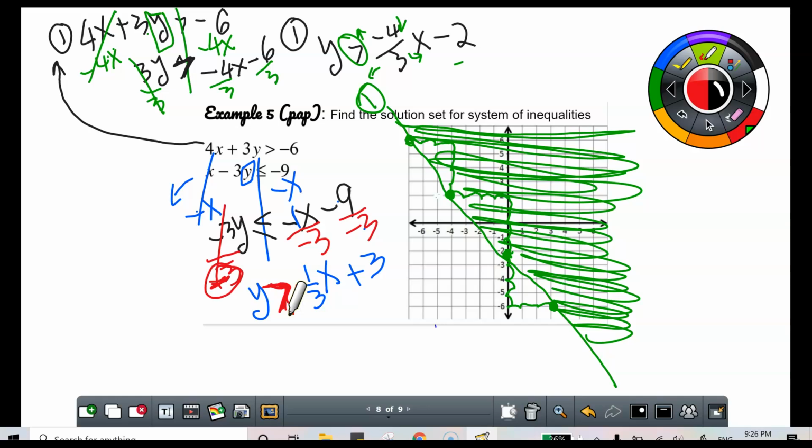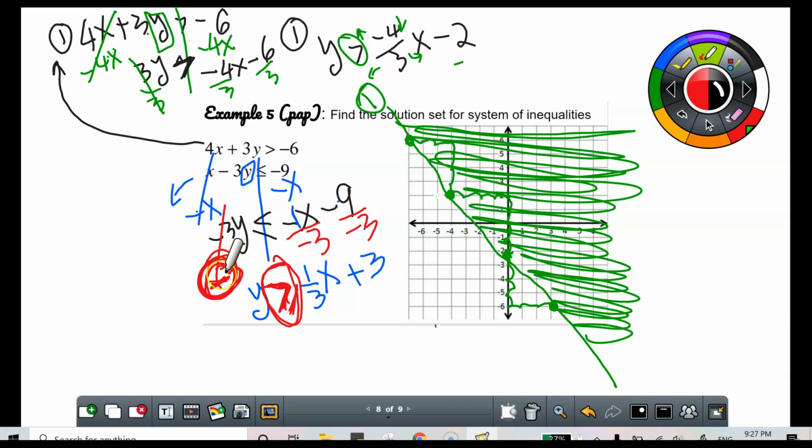Okay? This is important. Okay, so one more time. If you divide a negative number or multiply a negative number on the inequality, the symbol is gonna switch. Okay. I know we learned the inequality with the absolute value, but I didn't mention this thing.